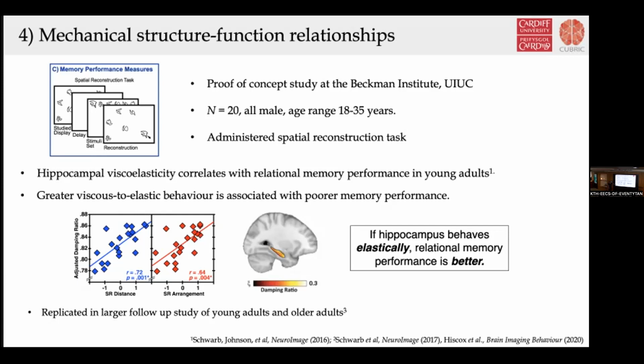And this was actually replicated in a larger follow-up study. I performed a study in older adults where we saw exactly the same relationship, and I used a verbal paired associates task. So that's really interesting. The lack of relationship with volume suggests that this damping ratio measure is more sensitive to hippocampal structure.